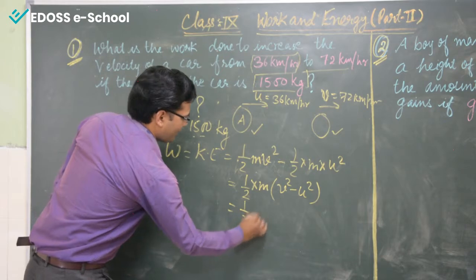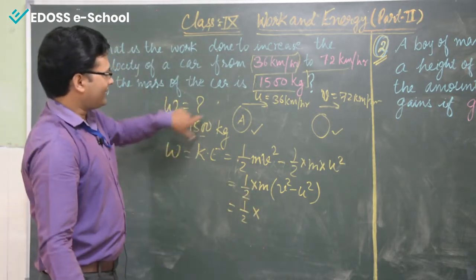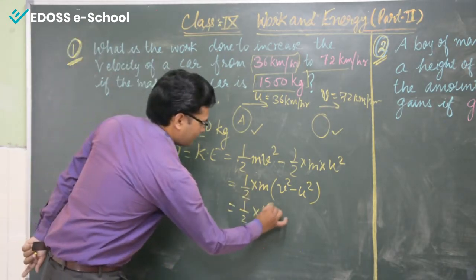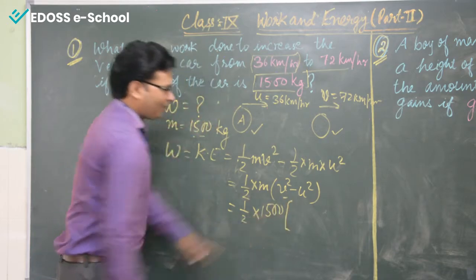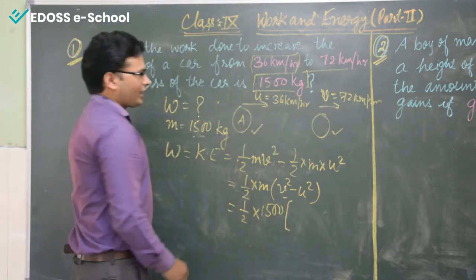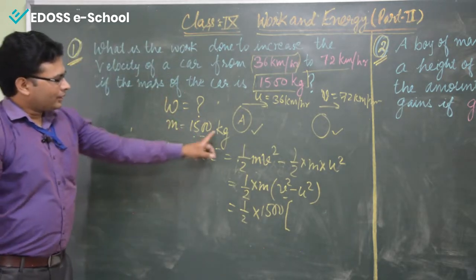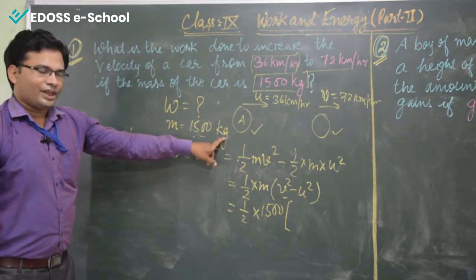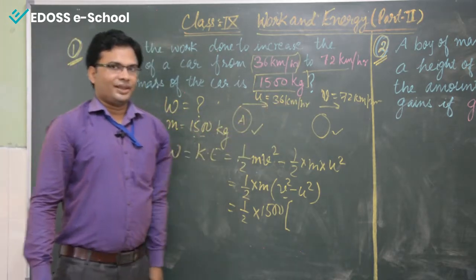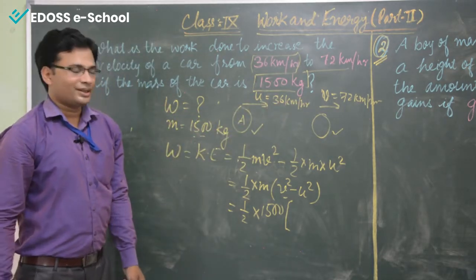So putting the values, 1 by 2, mass is 1500 kg, final velocity is 72 kilometers per hour. Now you have to remember that mass has the SI unit kg, but the velocities have SI unit as meter per second.